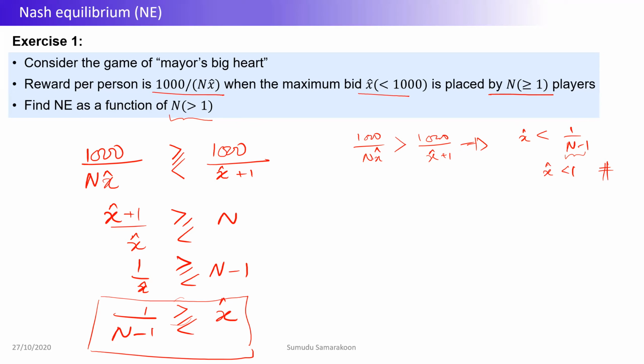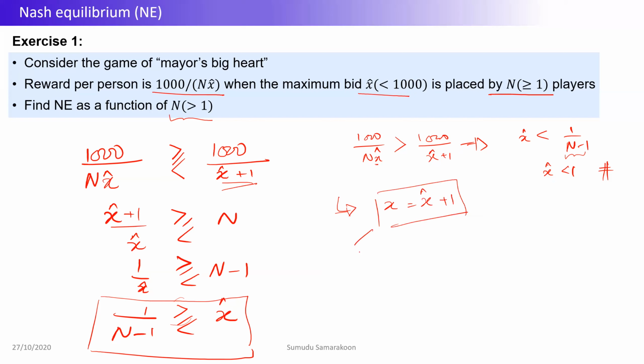So basically it means sticking with the original bid is never going to be the best case. Just a reminder, we consider x hat is less than 1000. Of course, when it is 1000, we have to stick with it. So that means we always need to pick the bid like this.